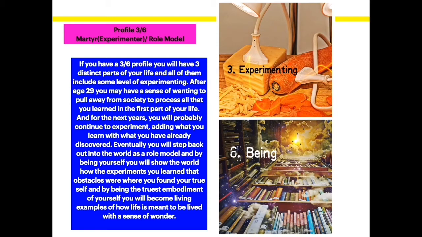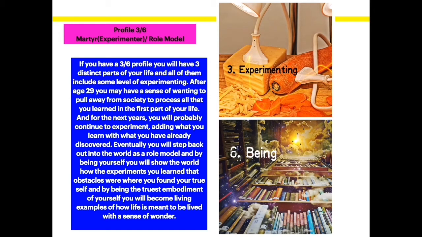Again, there's experimenting in life, and you're going to continue experimenting even after your Chiron return, because ultimately this is all about who you are, and your experiments are the things that will teach others what works and what doesn't work. That's the whole point of the third line energy. It's to help people and to share the information that this is what works and this is what doesn't work.